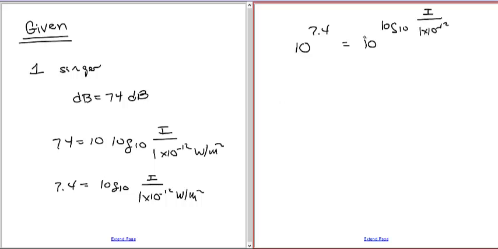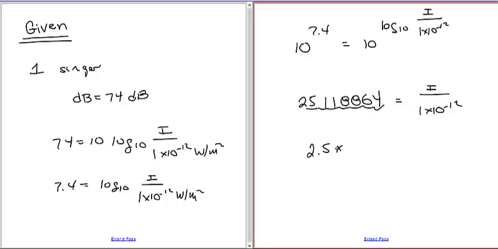And yes, I get a number here, which I'm not going to convert because I'll show you how to do this. So that's the number you get, and that's going to equal I over 1 times 10 to the minus 12th. So what is that? Well, it's 2.4 times, so we count here, 1, 2, 3, 4, 5, 6, 7, times 10 to the 7th.